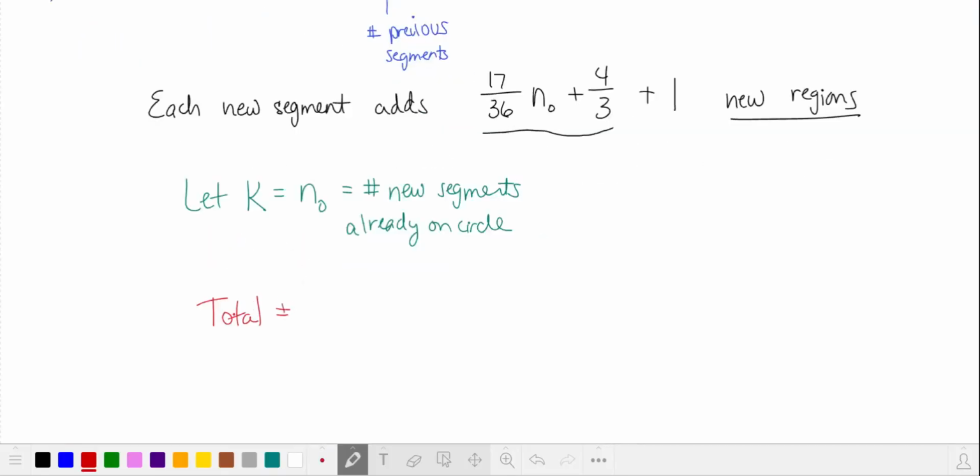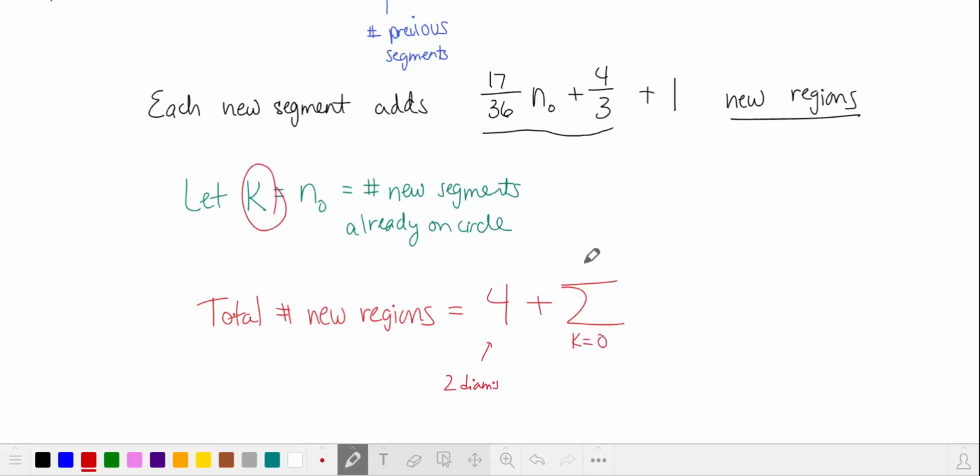To find the total number of new regions, we're going to start with 4, created by the 2 diameters, and then we're going to add new intersection points, as this K varies, starting with 0 up to 24. When K is equal to 24, we're adding our last segment, the 25th segment. Each time we iterate, the number of new regions is 17/36 times K plus 7/3.